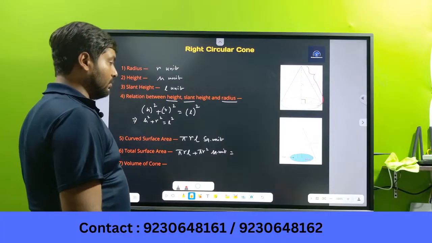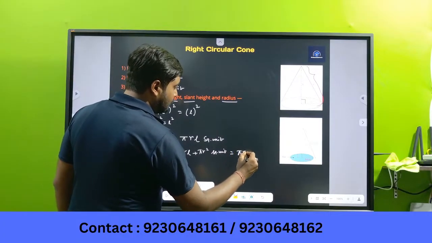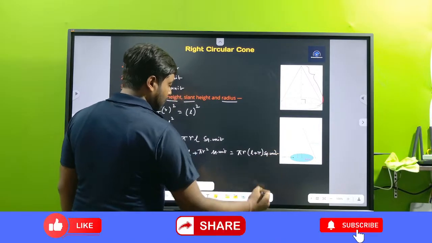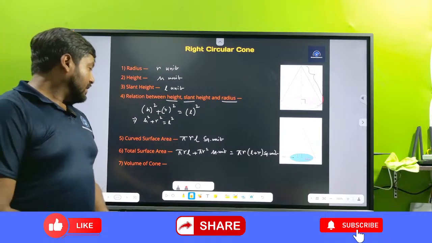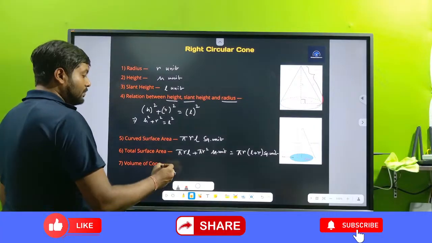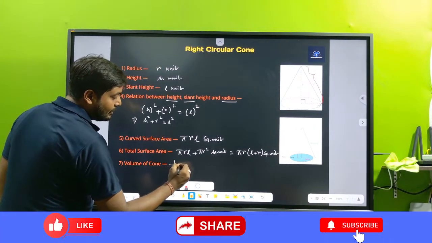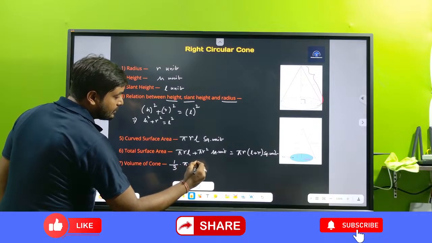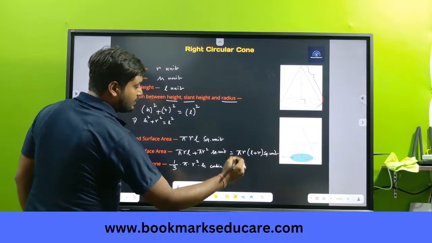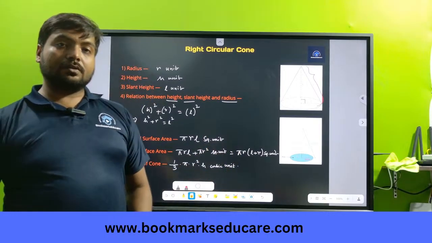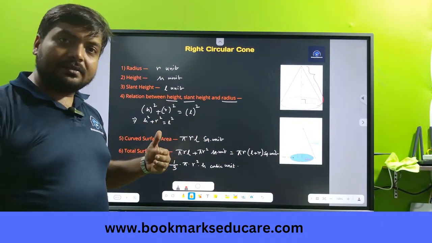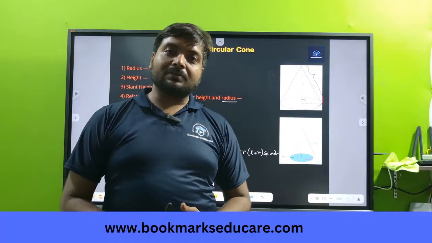The formula will be pi r into (l plus r) square unit. Now the volume of the cone is 1/3 pi r square h cubic unit. You can take a screenshot. I am going off screen, and then we will come and solve a few sums on cones.